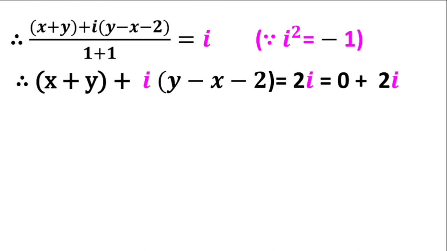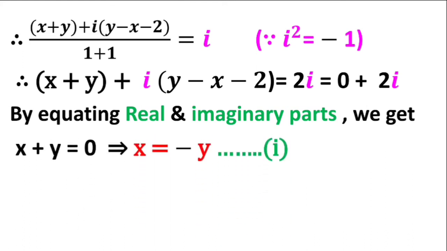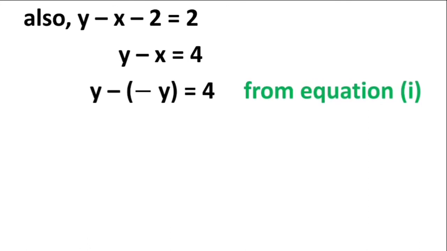By equality of two complex numbers, you will get real parts equal, that is x plus y is equal to 0, which implies x is equal to minus y. Also the imaginary parts are the same, that is y minus x minus 2 is equal to 2. So this 2 transferred to the RHS becomes 4, that is y minus x is equal to 4. But x is minus y, so substitute x from 1: y minus (minus y) is equal to 4.